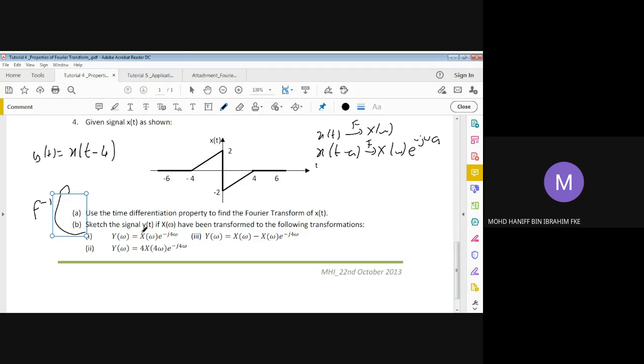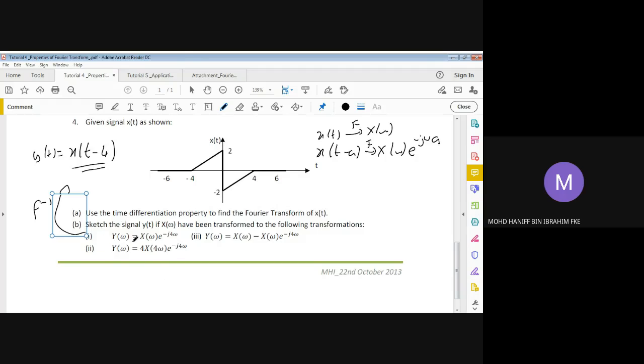Since we have X(omega) exponential negative j 4 omega, the shifting value is equal to 4. That's why y(t) equals x(t minus 4). You need to shift x(t) by 4 units to the right. I don't think I have to do this for you, so you can do this on your own. That should be the y(t).